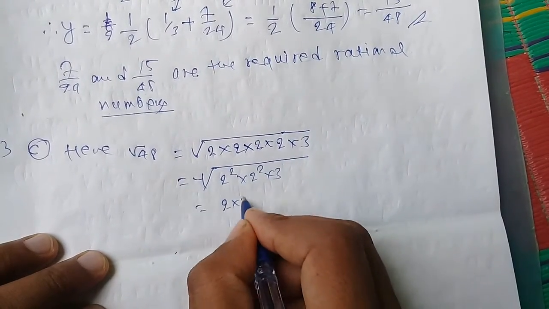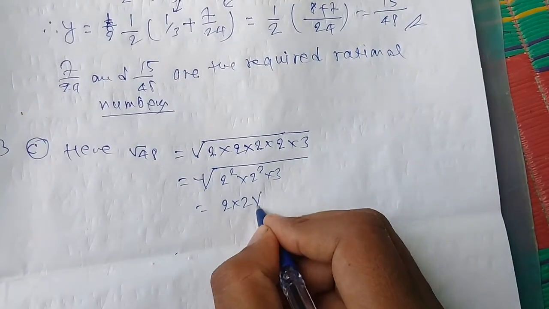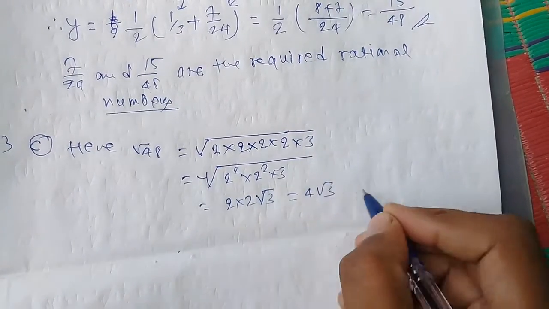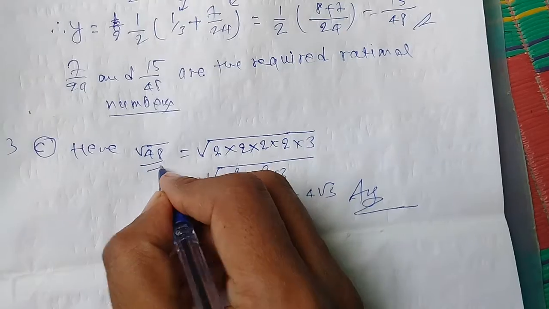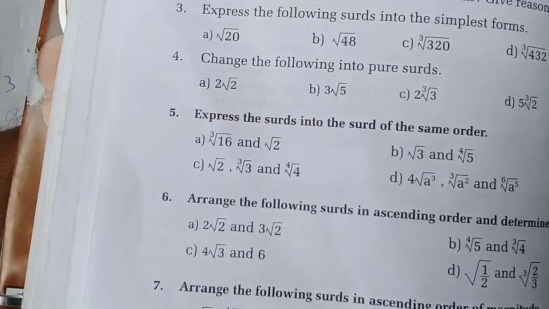So 2 and 2 will come out, giving 4 root 3. This is the simplest form of root 48. In this way, other numericals can be done.